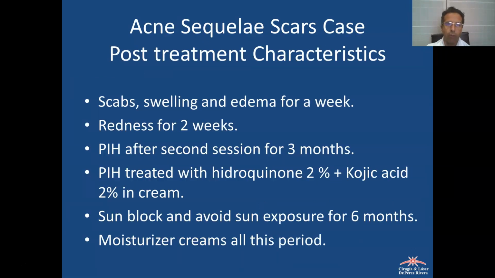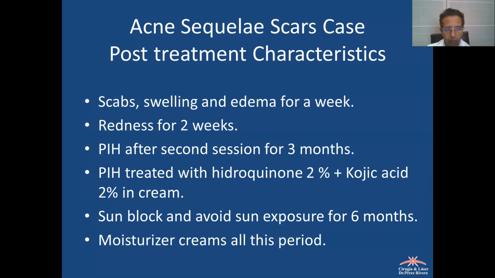When we talk about post-treatment characteristics, it's important to mention that of course we obtain scabs over the surface of the skin, and swelling and edema, usually for a week, in this case for a week, and redness for 2 weeks. In this case we obtained as a side effect a PIH, a post-inflammatory hyperpigmentation, after the second session, which stayed on the skin for a period of 3 months.